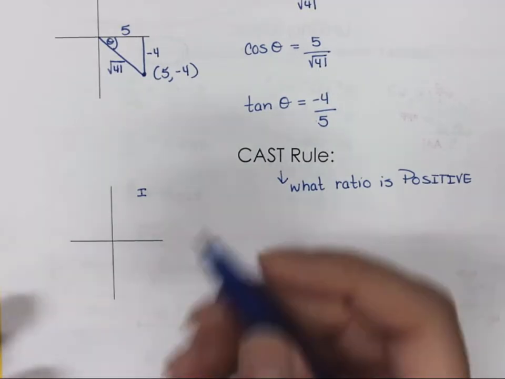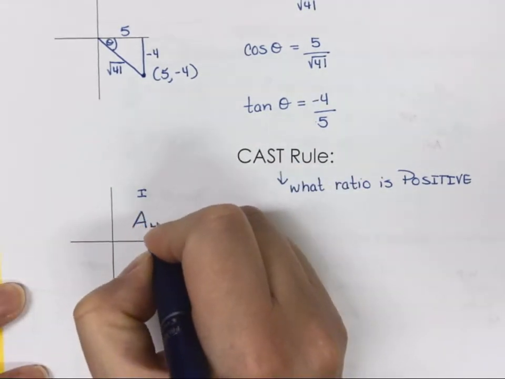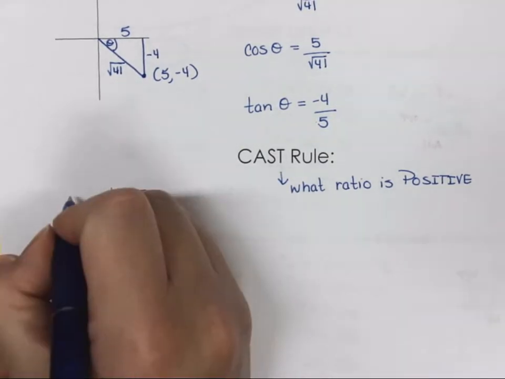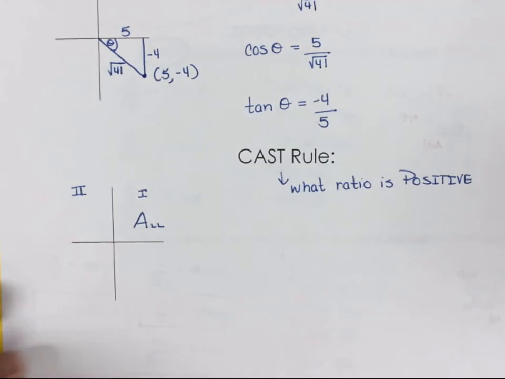All of them. In quadrant 2, what ratio is positive? I'm talking about the ratios, sine, cosine, or tan. Sine is.